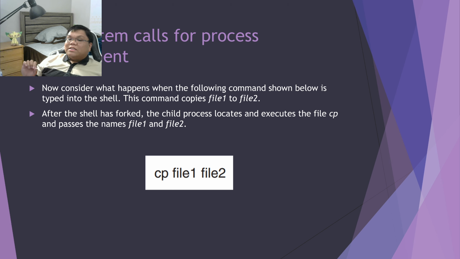The child process is then going to replace its memory contents with the code from the file cp. Because this cp here, that is actually a program. So really what's happening is the shell program forks a child. The child then finds the program, replaces its code with the code of the program, and then it executes this program called cp.